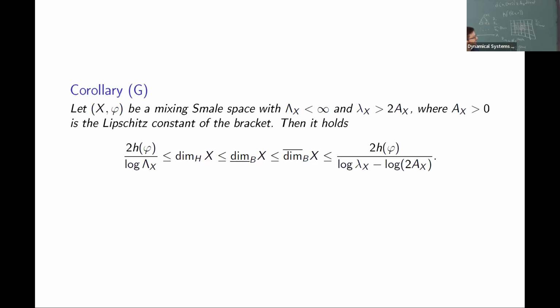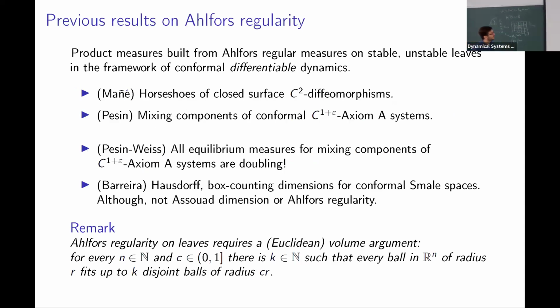All right. And some previous results on Ahlfors regularity. Well, you can start with building product measures, Ahlfors regular product measures in stable and unstable leaves. And this is what Mane had done for horseshoes to compute the Hausdorff dimension of horseshoes on closed surfaces of C2 diffeomorphisms.